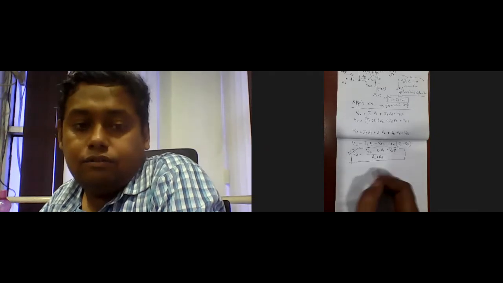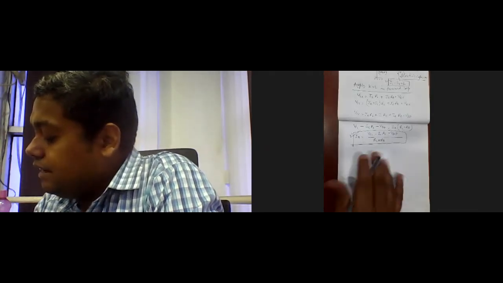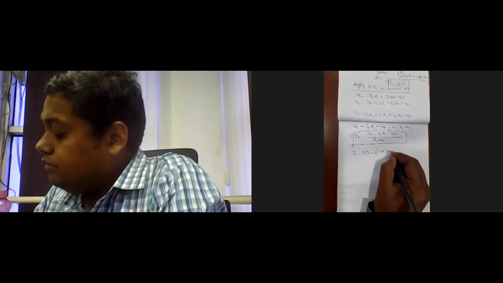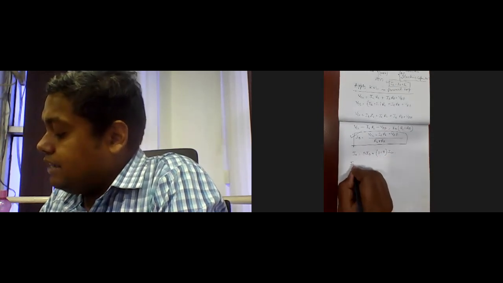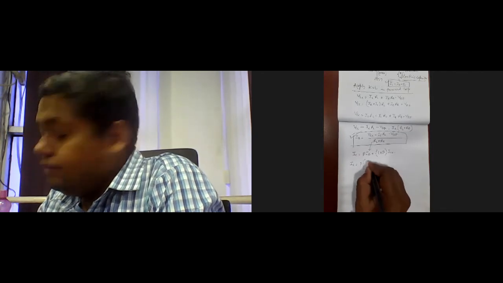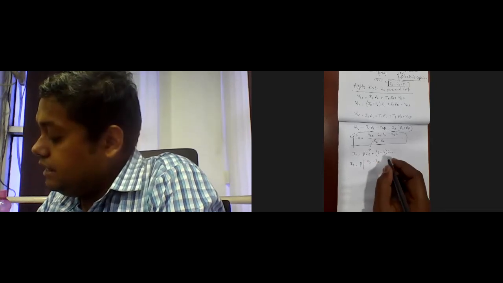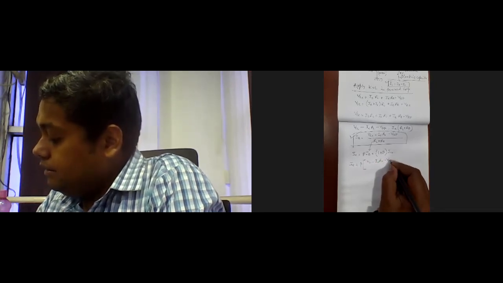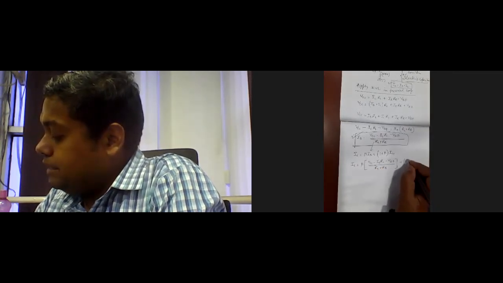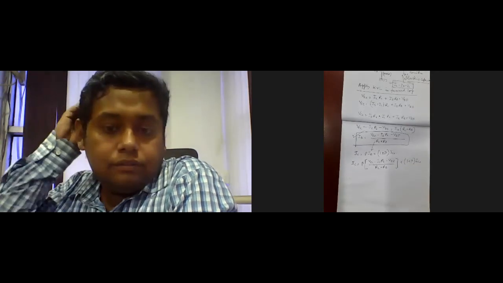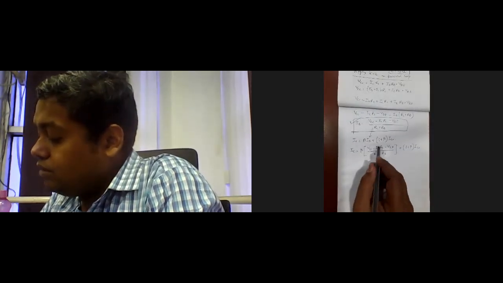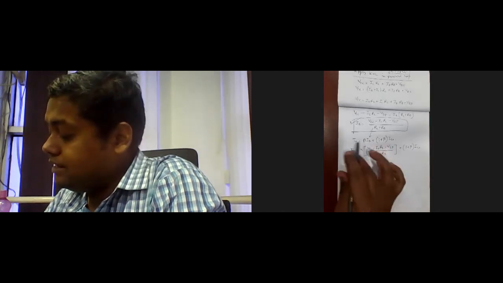Now IC equals beta IB plus (1 plus beta) ICO. Substituting, IC equals beta into (VCC minus IC into RL minus VBE) divided by (RL plus RB), plus (1 plus beta) ICO. Since IC appears on both sides, we change the side.